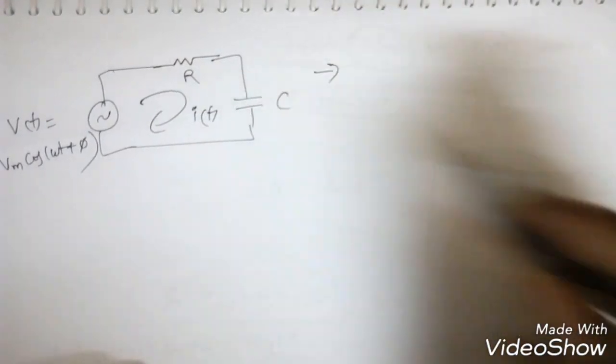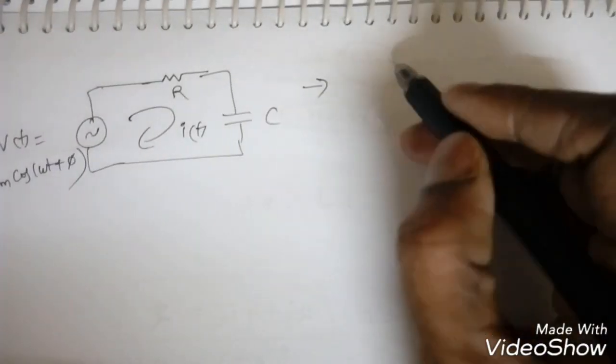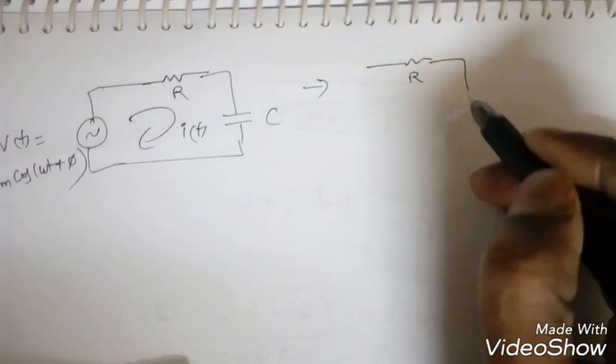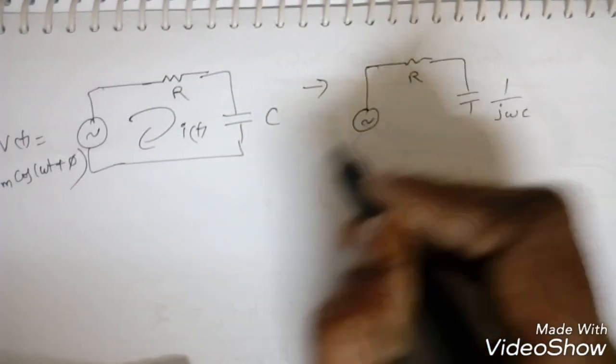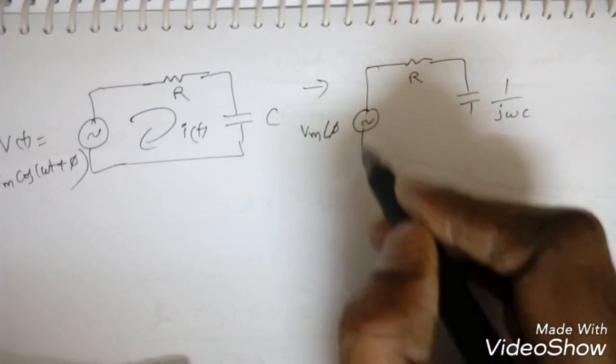So in phasor domain, what is this one? It will become R, and this will become 1 by j omega C, and here Vm angle pi, right?